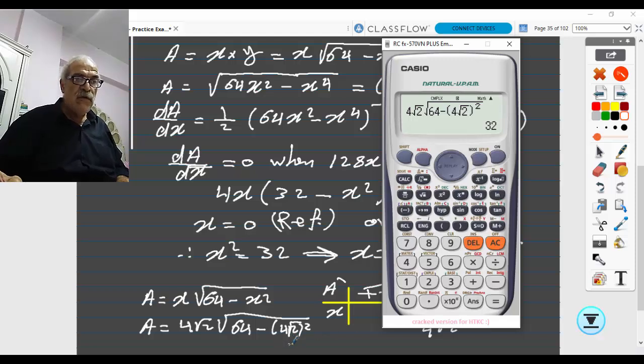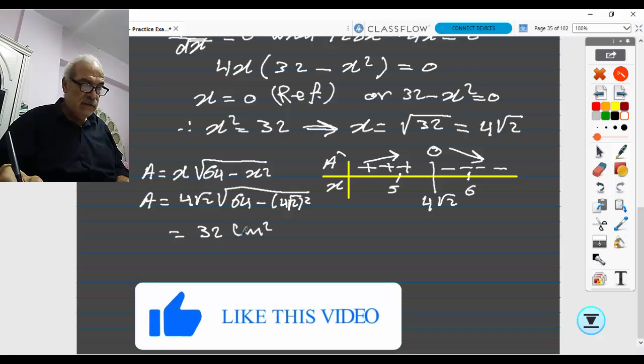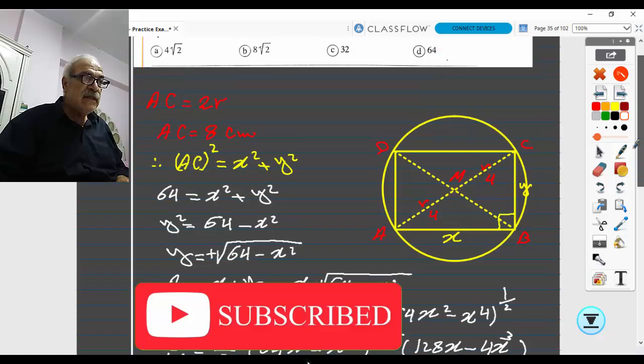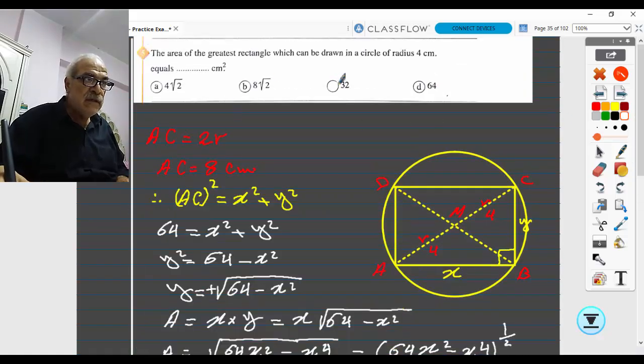And we go to the calculator to calculate it. The result equals 32, of course, centimeter power 2. So the greatest area will be 32 and the solution will be in letter C. Letter C.